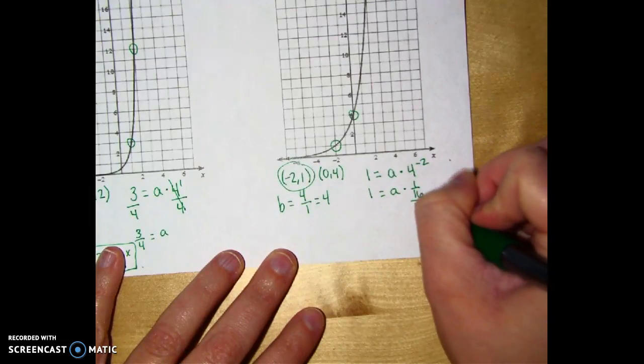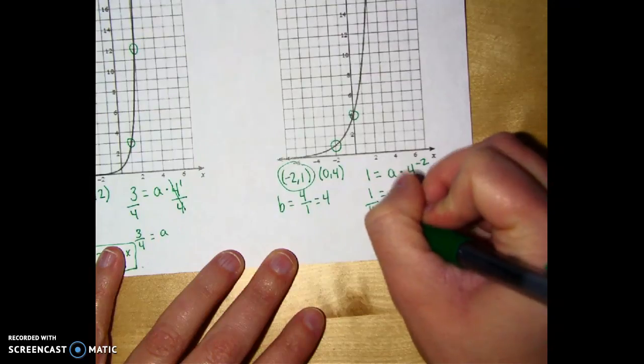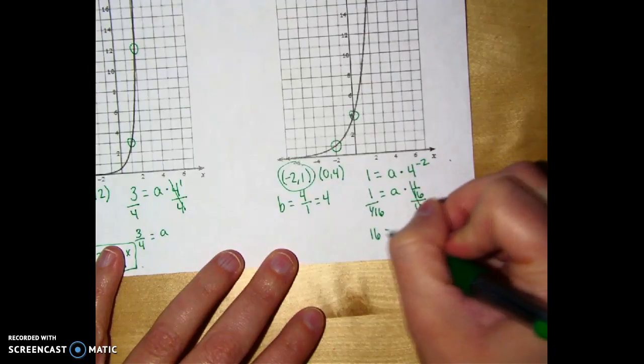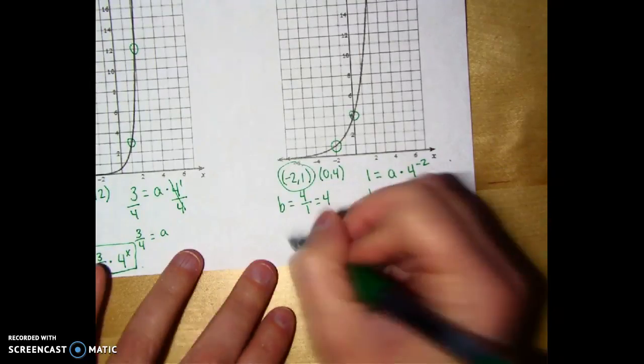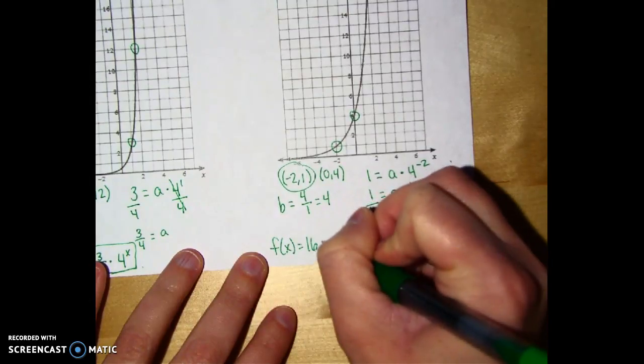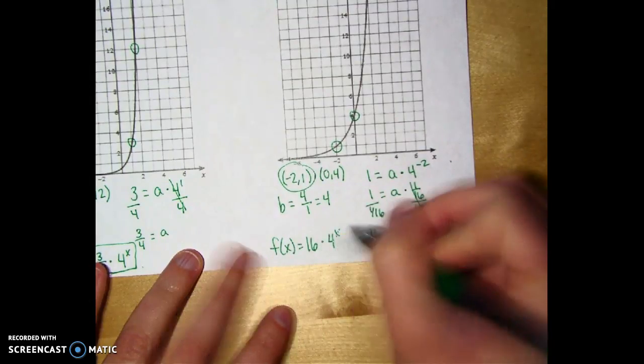Divide both sides by 1/16. And it's 16. So the equation here is f of x equals 16 times 4 to the x.